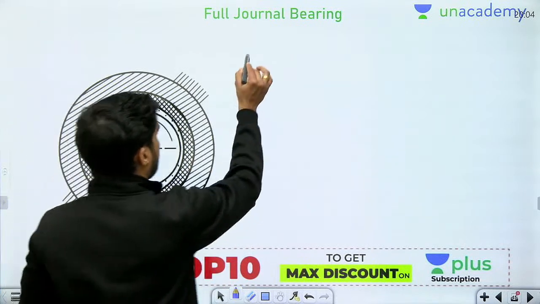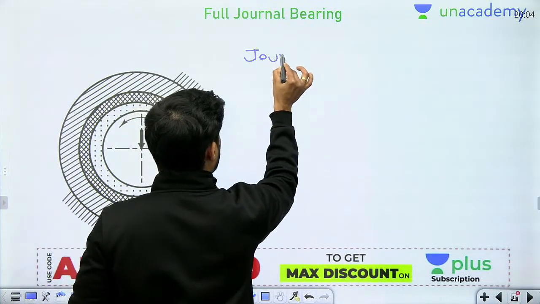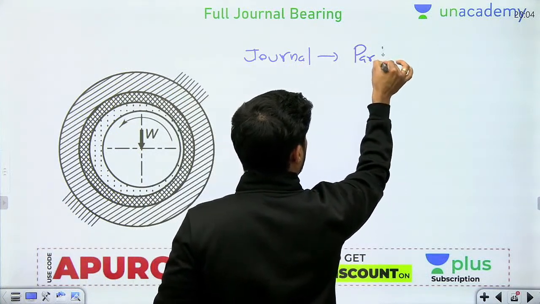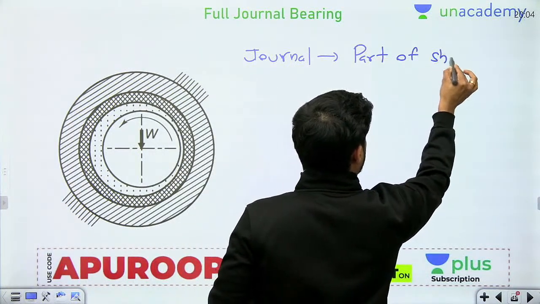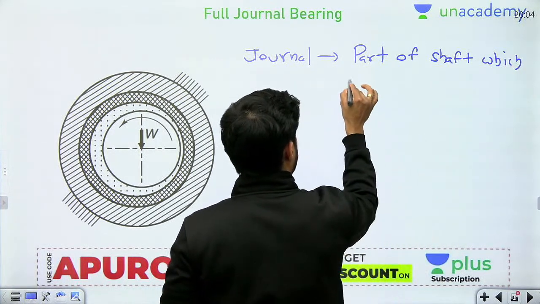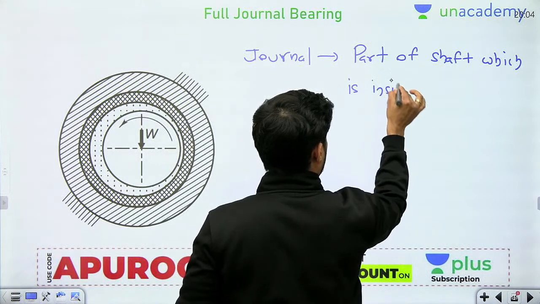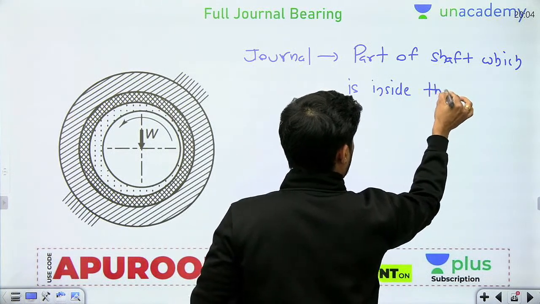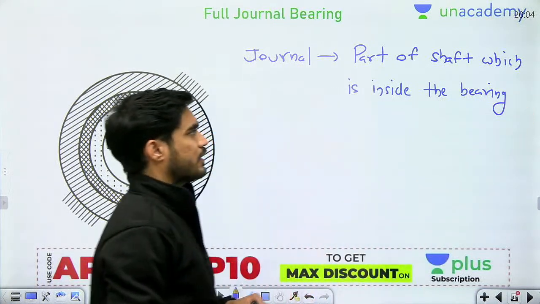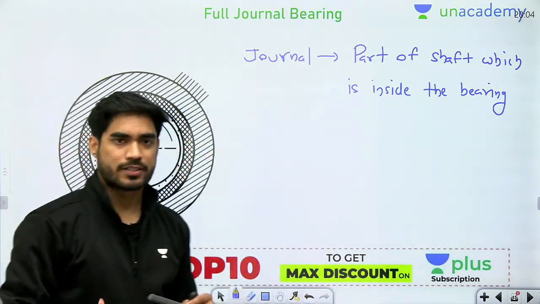Journal means part of the shaft which is inside the bearing. See, these bearings are closed. Why?